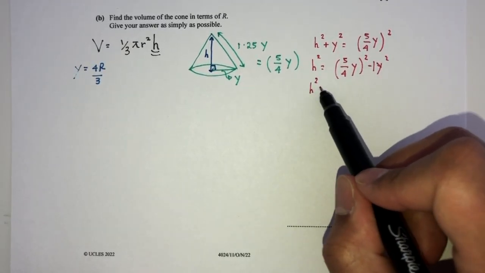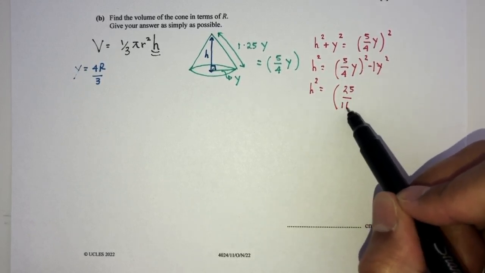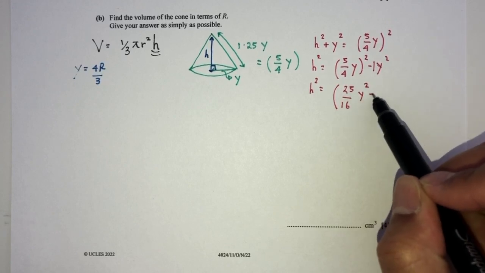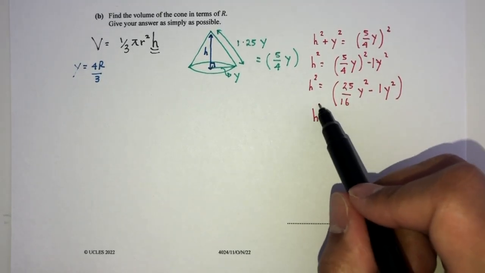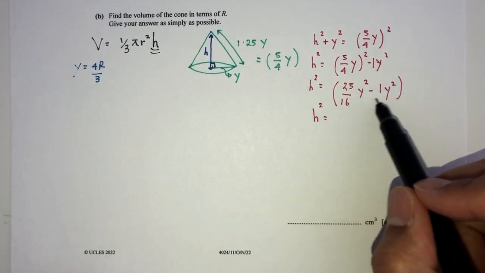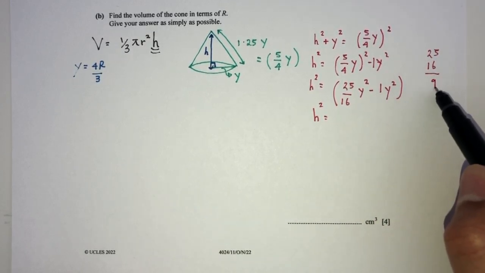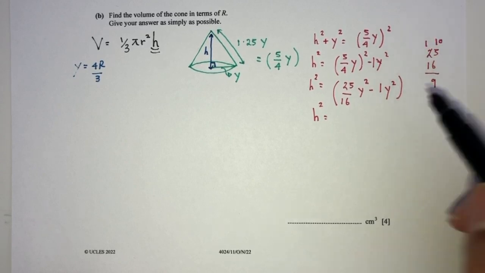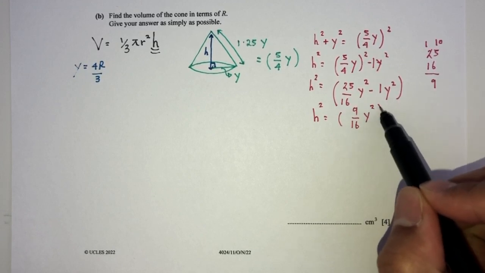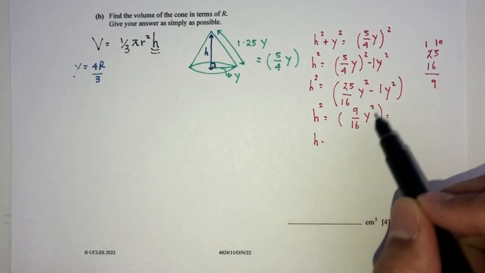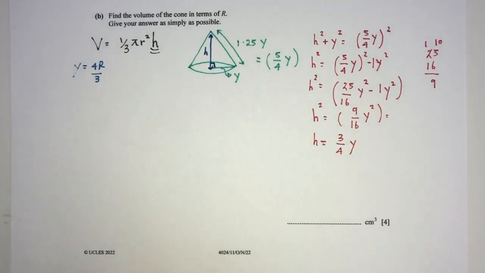Now h squared is equal to, simplify, 25 over 16 y squared minus 1 y squared. h squared again, obviously 1 is 16 over 16. 25 minus 16, that should give you 9. So check, right? So you have 9 over 16 y squared. And h will have to be the square root of that. That will be 3 over 4 y.